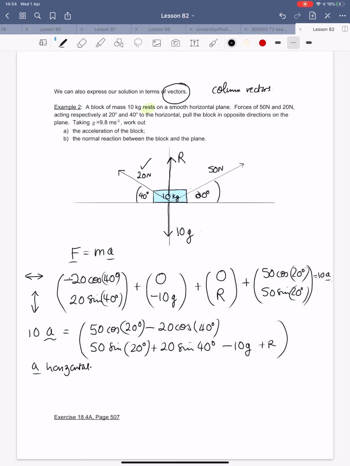So we can say 50 cos 20 degrees minus 20 cos 40 degrees is 10 times the acceleration.